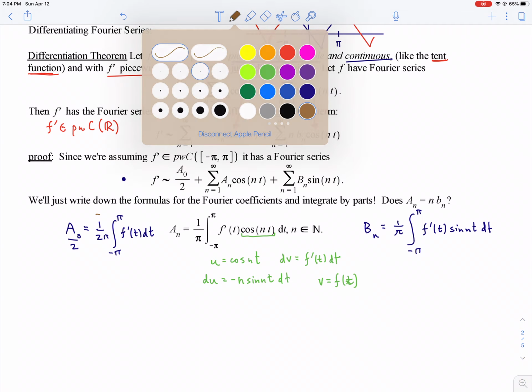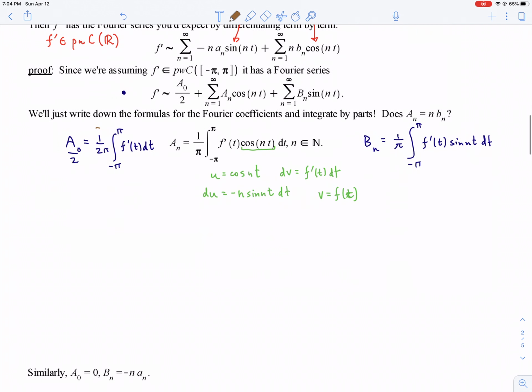Okay, so let's compute capital A n using integration by parts. There's a 1 over pi in front of everything. Then I get uv, which is cosine nt f of t, and we're going from minus pi to pi.